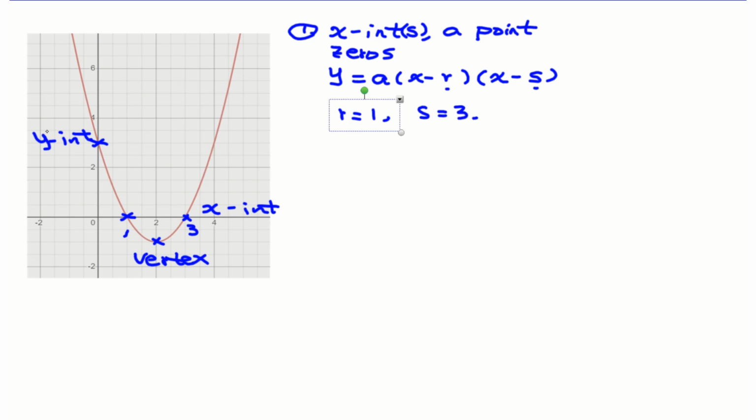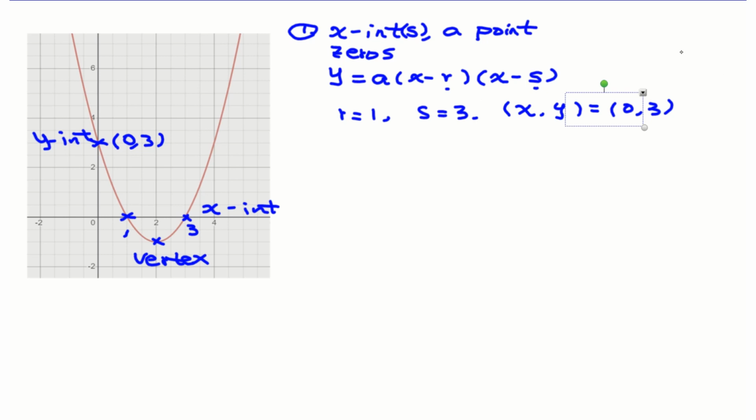Another point we could use is the y-intercept. On the y-intercept, the x is 0, so (0, 3) is given. That point has an x-coordinate and a y-coordinate, so it's (0, 3). Then we have these 4 values given.